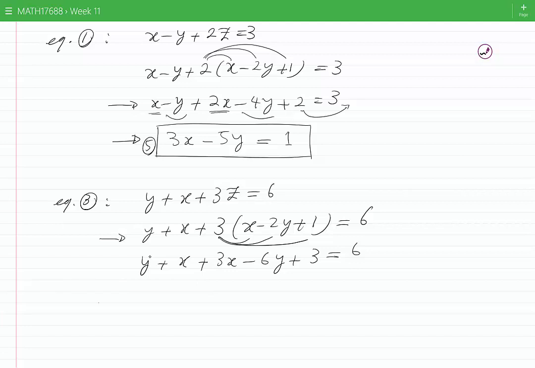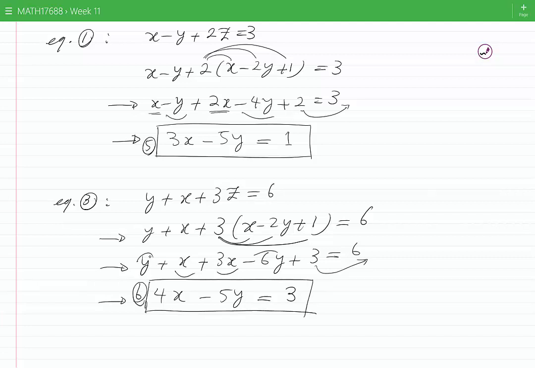And if we add the terms properly, x plus 3x, 4x, then y minus 6y, minus 5y, you can take the 3 to the other side of the equation. It becomes minus 3. So you would have on the right hand side 6 minus 3, which is plus 3. I call this equation 6.